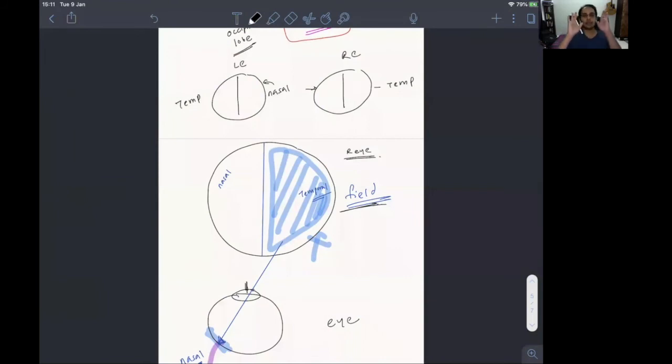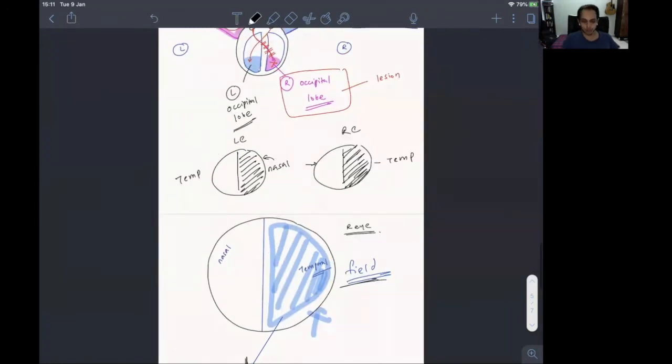So supposing he is not able to see on the temporal aspect of the right eye and the nasal aspect of the left eye, we document exactly that. All we have to do when we are examining is to document the findings. Then later on, you can assess it and put it together and decide where the lesion is.